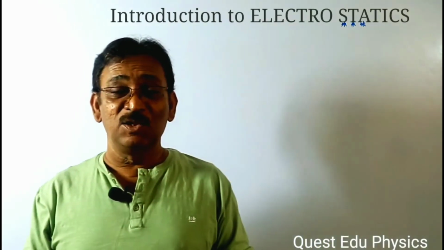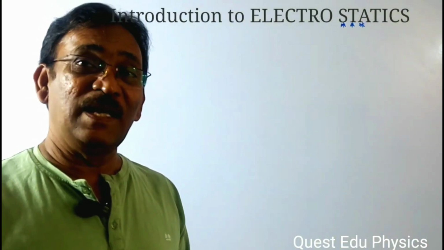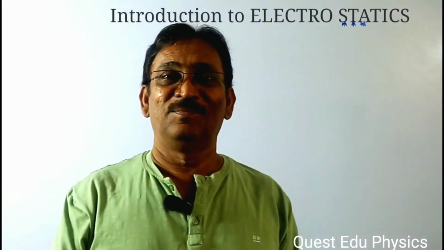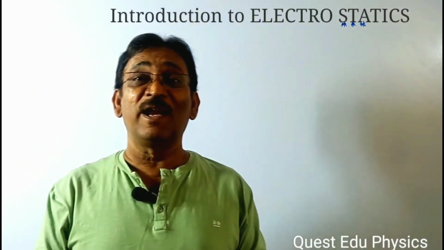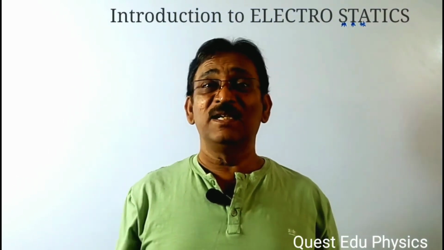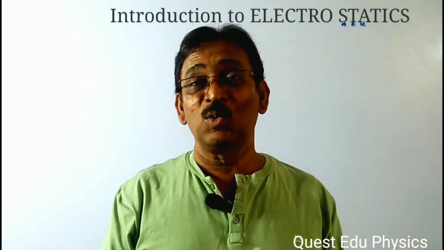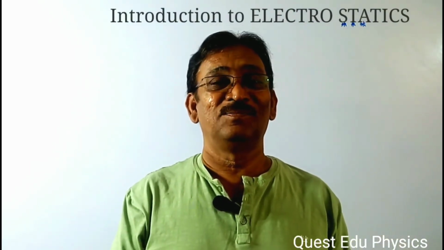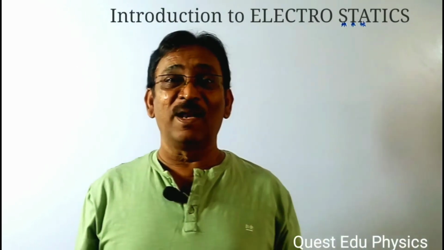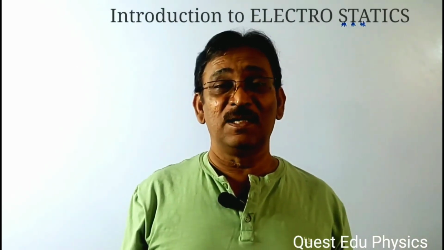The SI unit of charge is, students, Coulomb. Then immediately the question will arise, what could be the CGS unit? The CGS unit of charge is ESU, I mean electrostatic units.